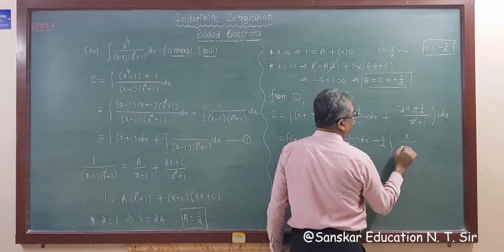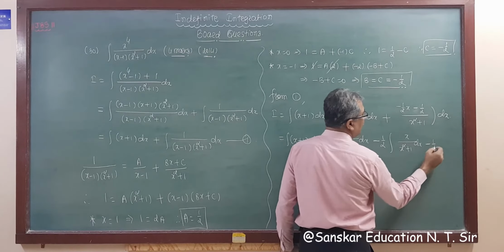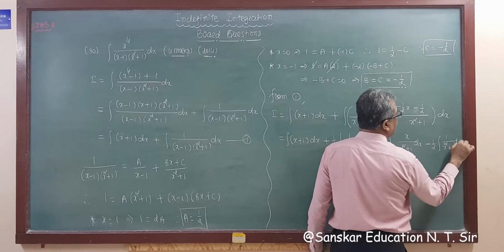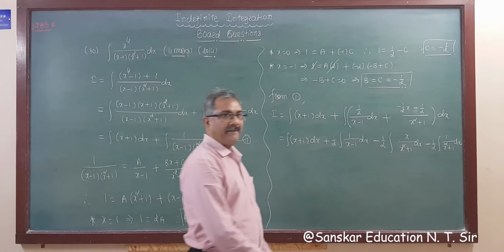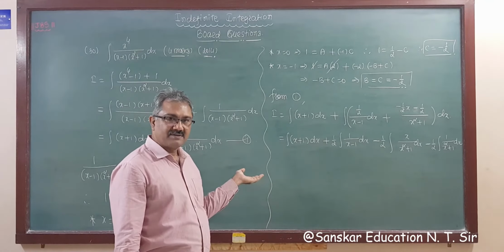Integration x upon x square plus 1 dx and minus 1 upon 2 integration 1 upon x square plus 1 dx. Got it? So now all functions are integrable and you have a standard formula for all.